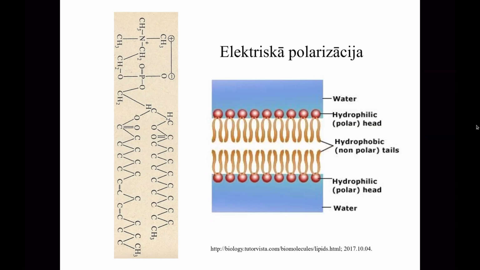Have a look. The head is polarized, plus, minus. The tail isn't polarized. The head is polarized. That is why, because of this electrical polarization, the water molecule that comes to the surface of the membrane is influenced by this electrical polarization field.